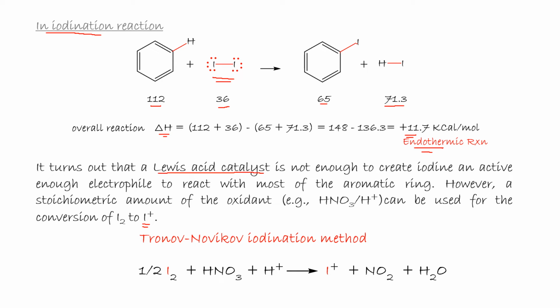We call this reagent the Tronov-Novikov reagent for iodination. So iodination will take place by taking iodine, nitric and sulfuric acid to give I plus, nitrogen dioxide, and water. Here nitric acid is not a catalyst. Nitric acid is part of the reagent.